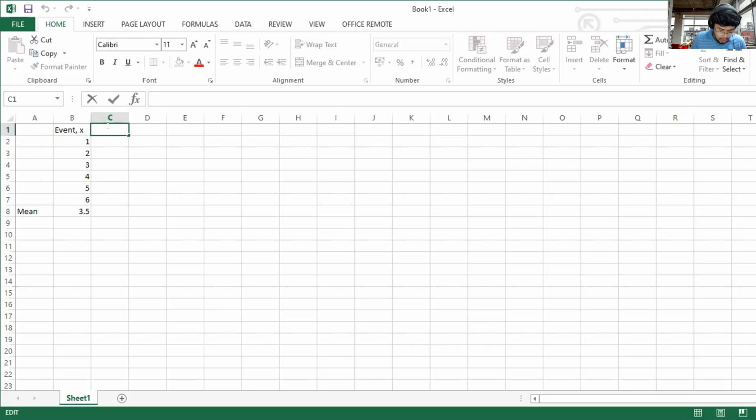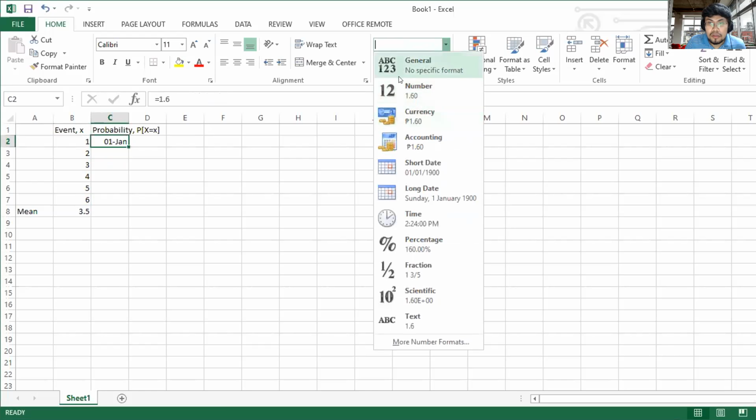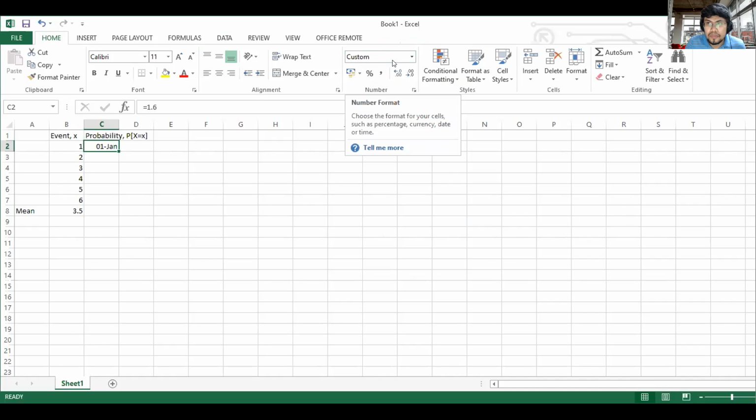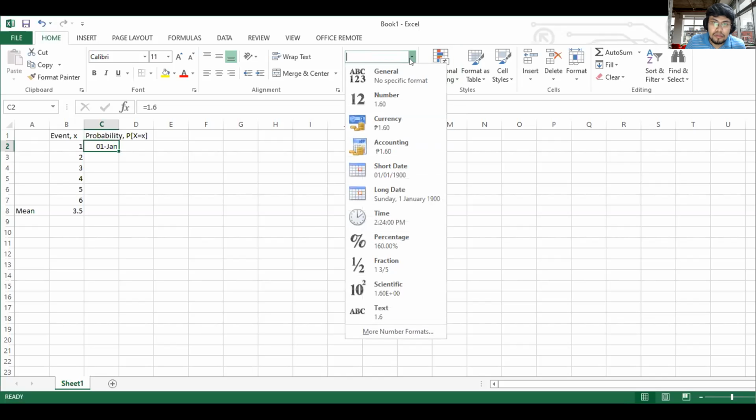We now have the probability of each event as P(X = x). And then it's very basic. Sorry, it should be 1/6. You just have to change the setting of this variable.